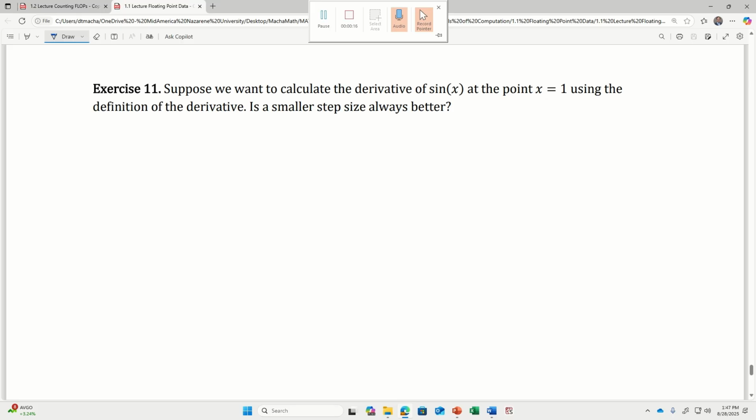So this says, suppose we want to calculate the derivative of sine of x at the point x equals 1 using the definition of the derivative. I'll be more specific.